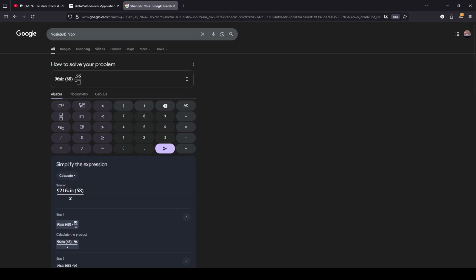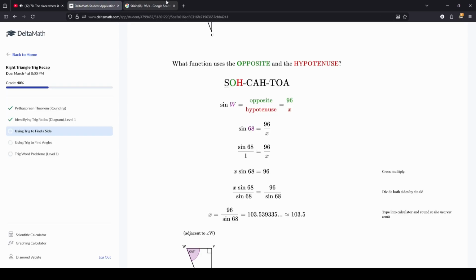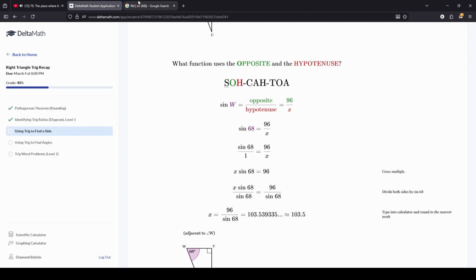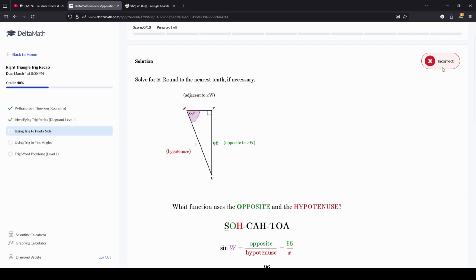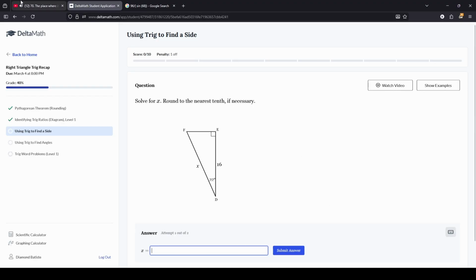Okay, so, and then we put sin 68, trigonometry, sin 68, 6 sin 68. If this can get the same answer, we're in. Okay. I thought this was doomed, but it's not. There's still hope.